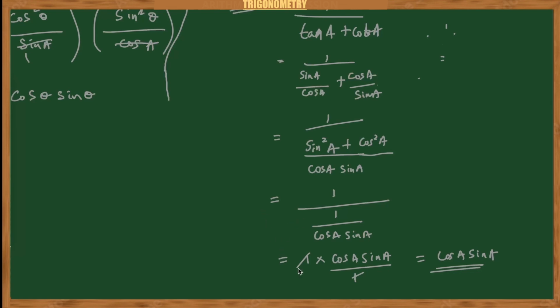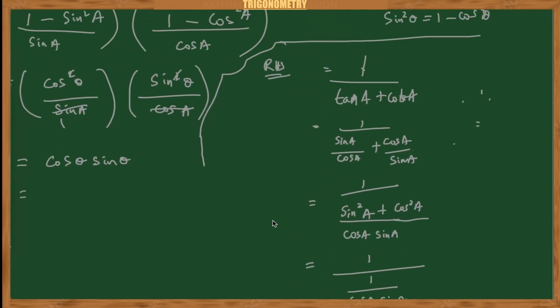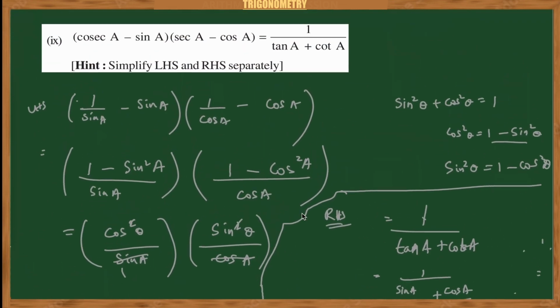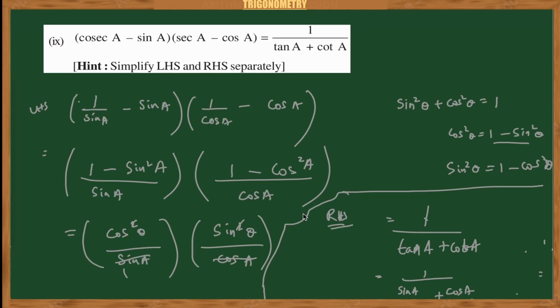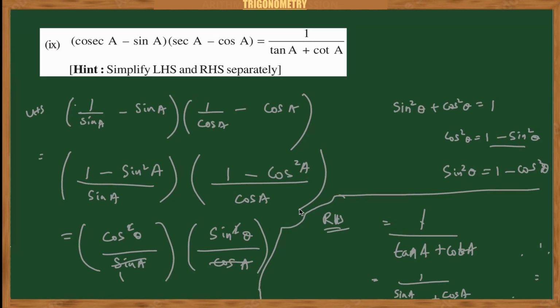One thing is we have done similar in previous questions as well. The first thing is putting the formula, simplifying, and finding the identities so that you can further simplify.